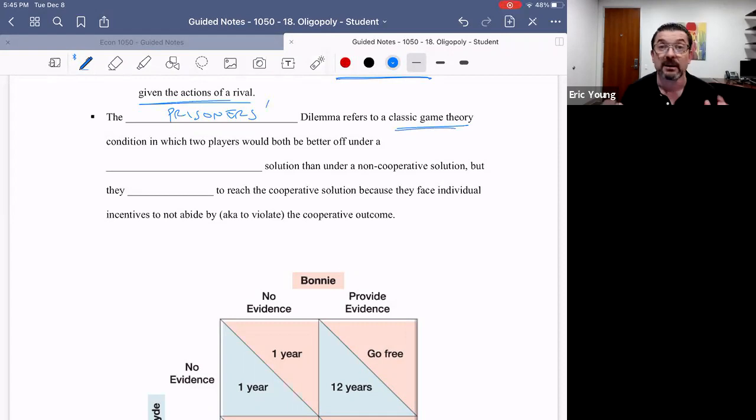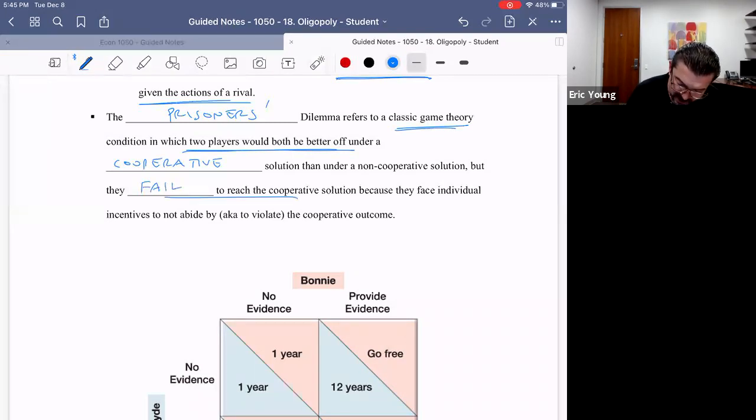In a prisoner's dilemma, as we just learned, the two players would both be better off under a cooperative solution. But instead, they fail to reach the cooperative solution because they face individual incentives that push them out of it.